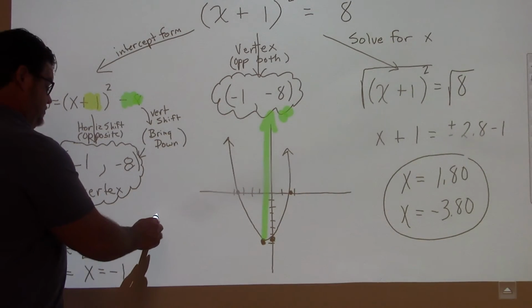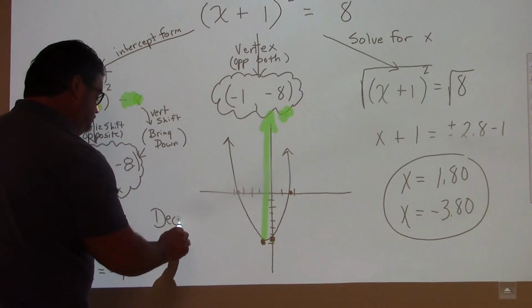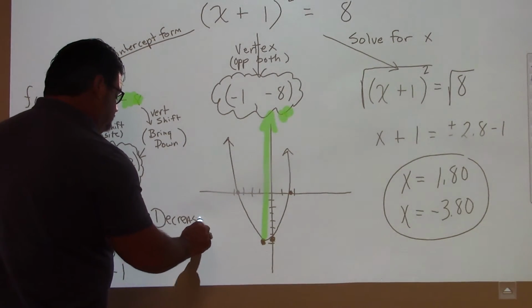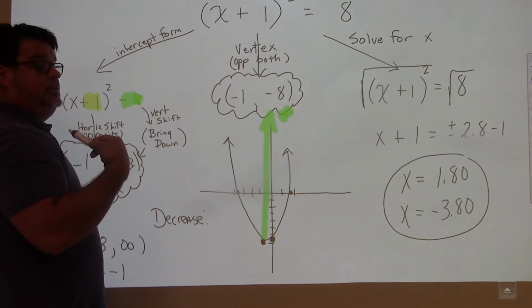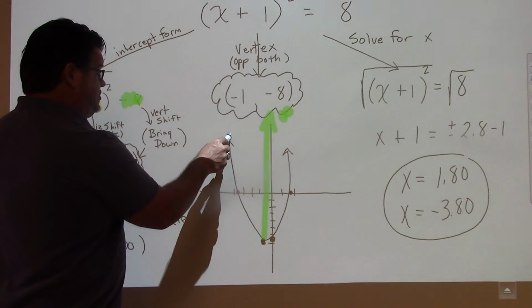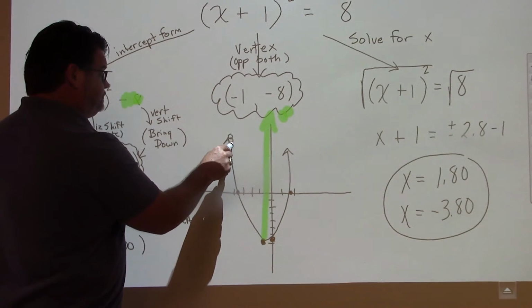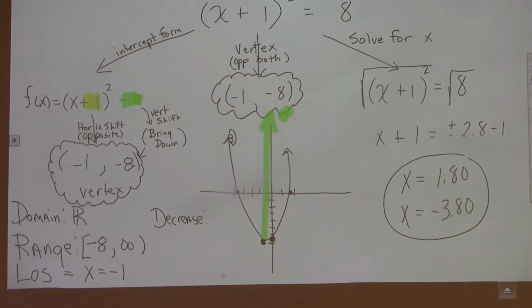Decreasing values. Decreasing values, well, how do you know? Well, which way do we read? Left to right. So put your little car here. What's that car doing? It's going down. So as you read x from left to right, that car is going to be going down, decreasing values.